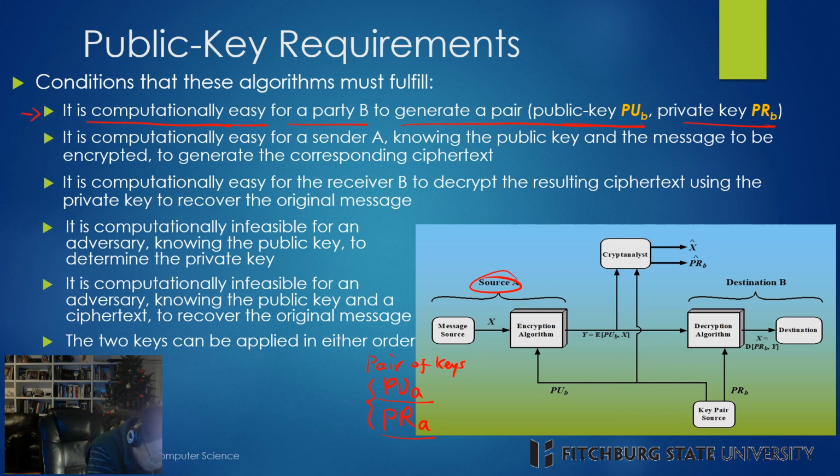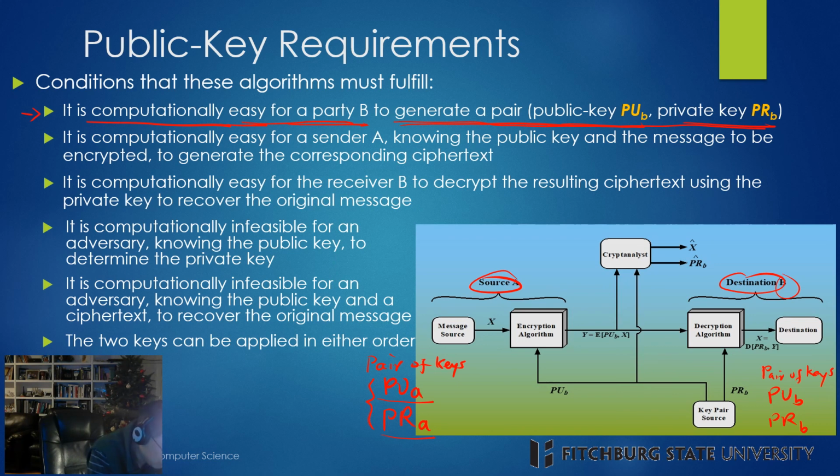Now also for the destination, it is also required to create a pair of keys, the public key and the private key. It should be computationally easy for party B to generate a pair of keys.